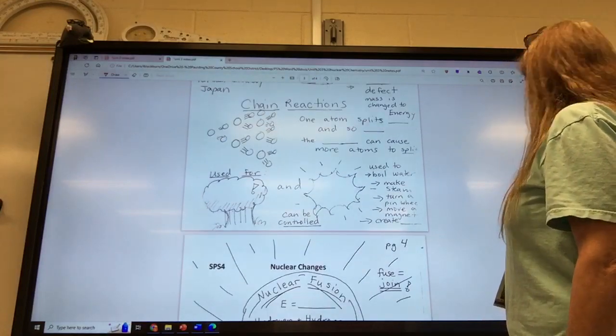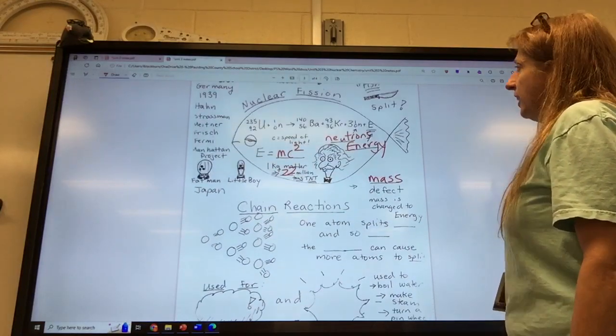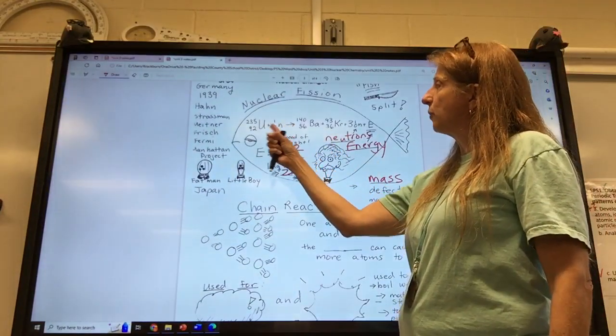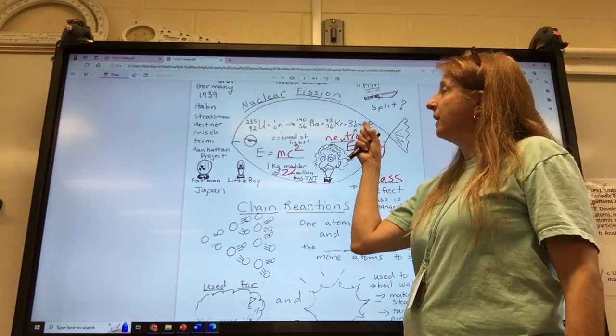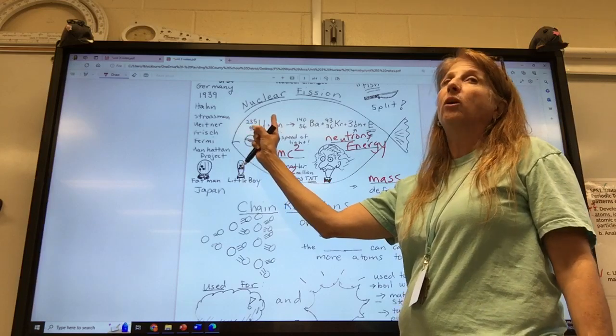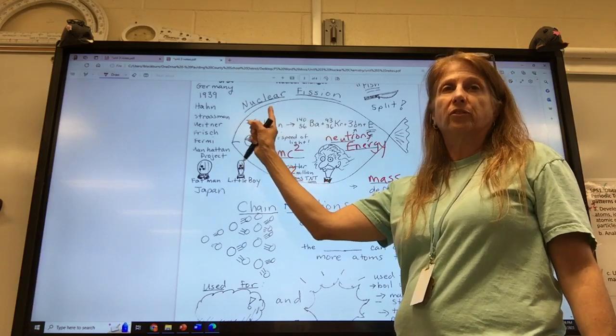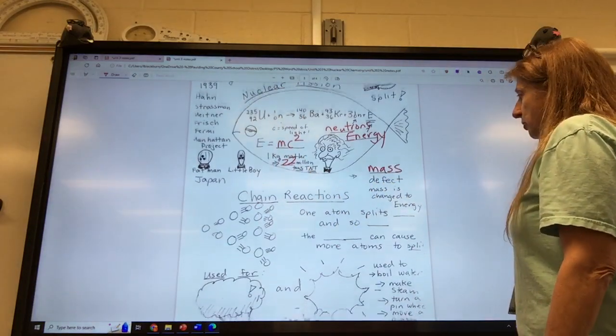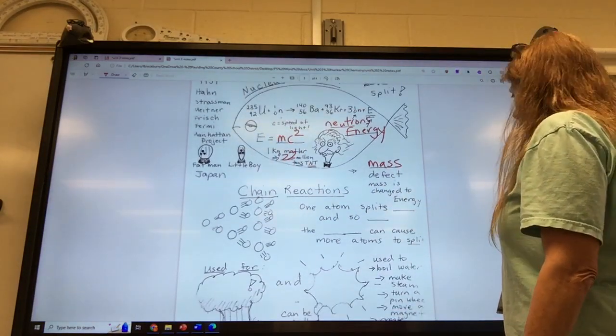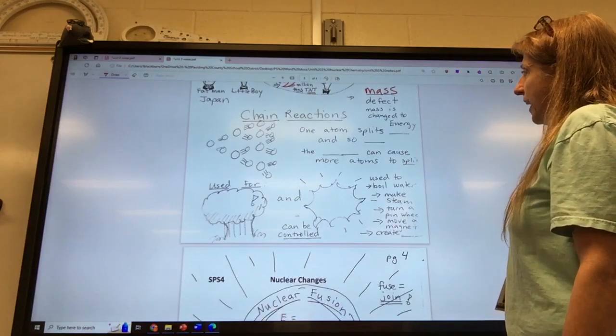So look back at our equation. Do you see here? You hit this uranium with one neutron, but then 3 more neutrons were made, which could go hit 3 more uraniums, and so on and so on. It's exponentially growing here. And we'll talk more about that later. We're going to do a lab with dominoes where we model chain reactions.